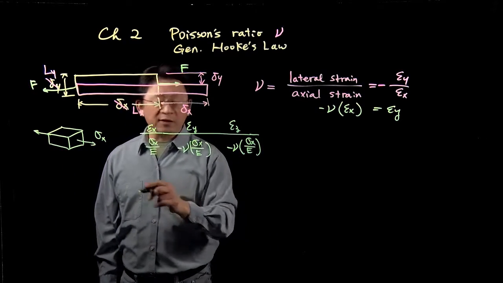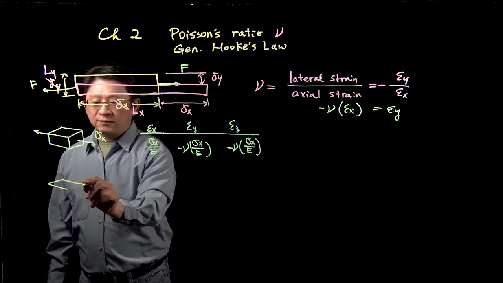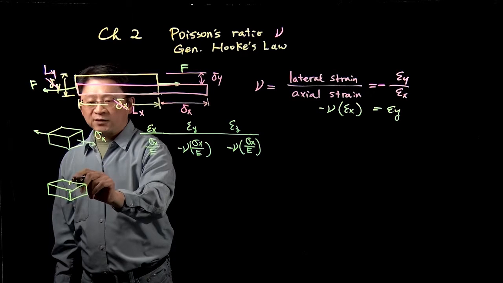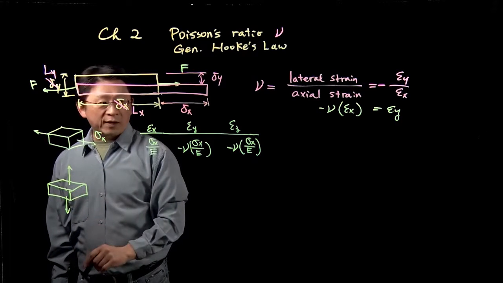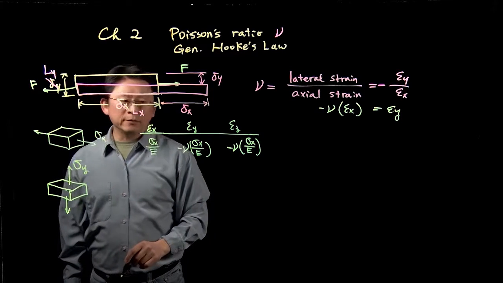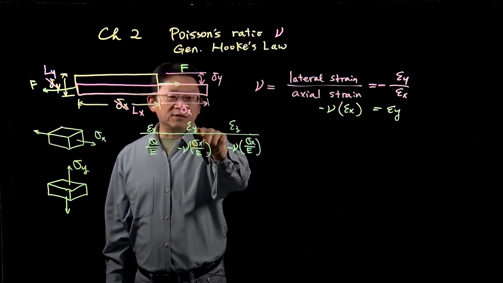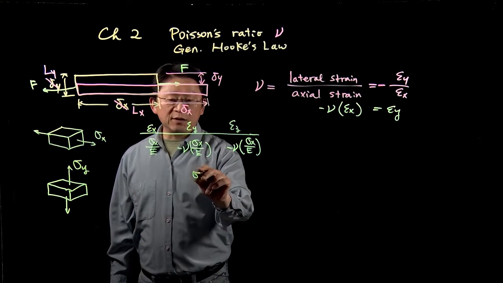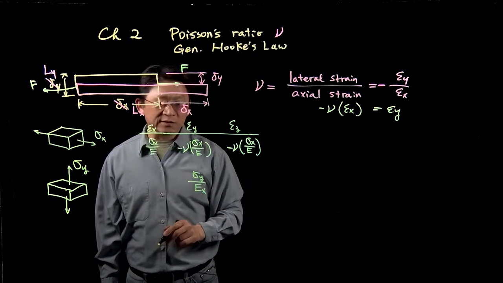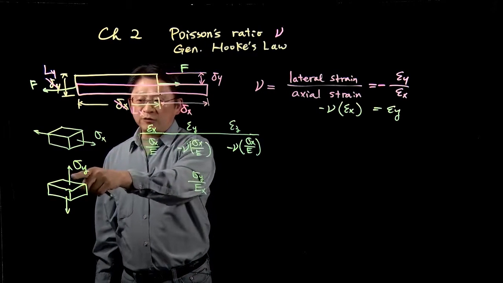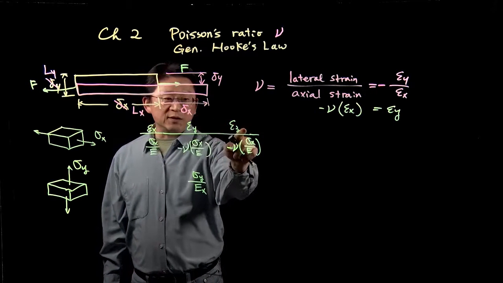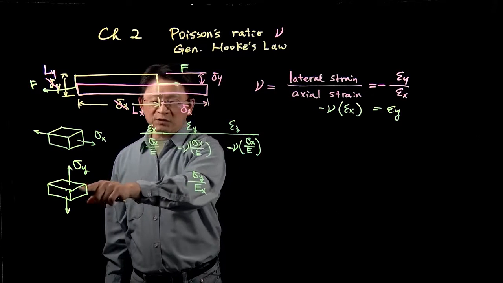We consider another example. Consider the same material, but right now the loading is not in x. That loading is in the y direction, with corresponding stress, let me call it sigma y. Again, the y direction is our axial direction, so the normal strain equals the stress divided by Young's modulus. And x and z are now the lateral directions for this loading case.